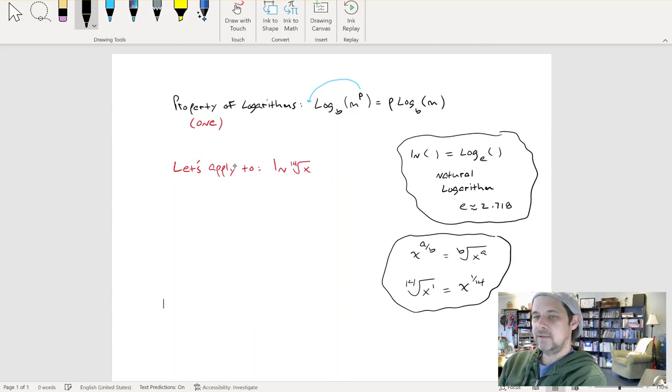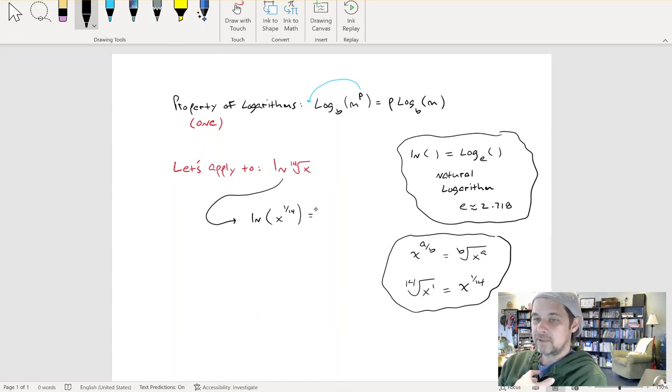So I guess then here's what we're dealing with. If you want to simplify this, if you want to reduce this to something else, you would see it as natural log of x with an exponent of 1 over 14. Okay, that 14th root translates into an exponent of 1 over 14. From here, it shouldn't be too bad, because I see that that rule says that I can take the power and move it here and apply it as a multiplier.